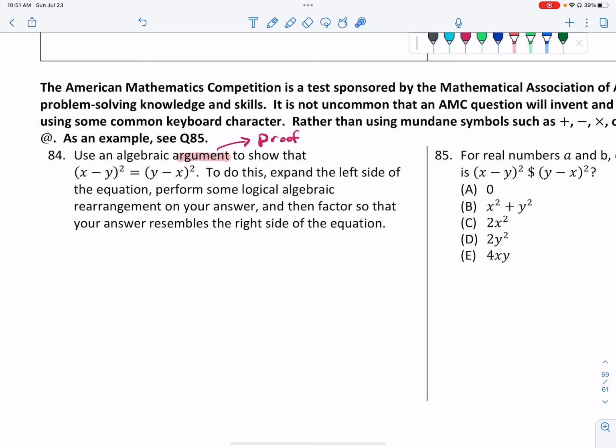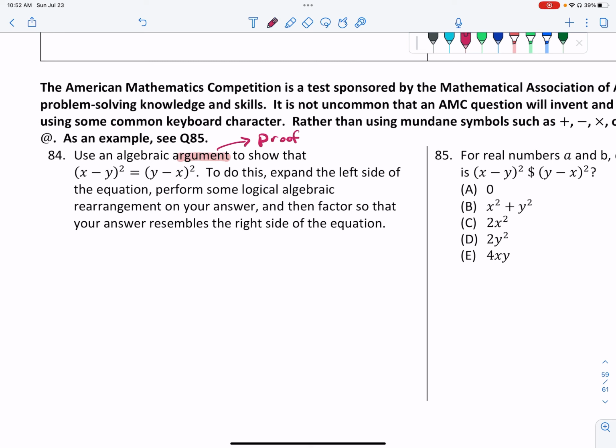And it's one of the things that we focus on highly in honors geometry: arguments, mathematical arguments, proofs. To do this, expand the left side of the equation, perform some logical algebraic rearrangement on your answer, and then factor it so that your answer resembles the right side of the equation. So this is a very basic kind of proof where you're trying to show that one side of an equation is equal to the other side of the equation.